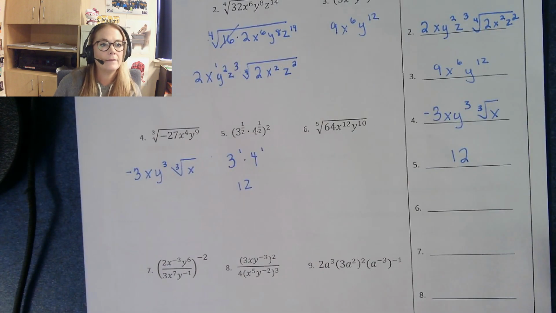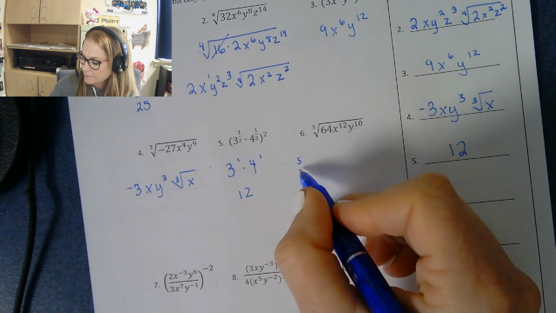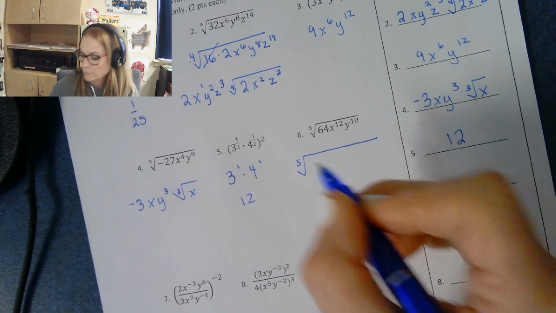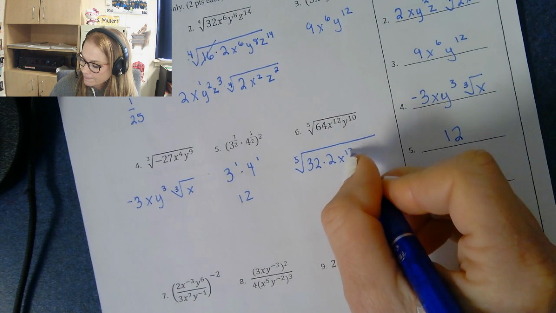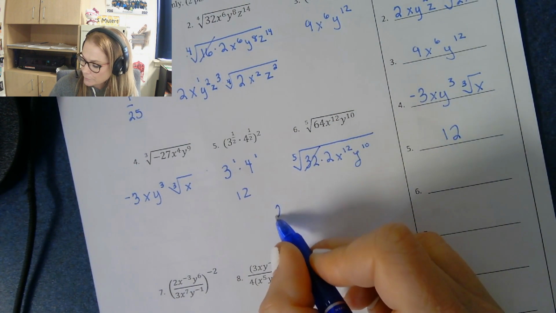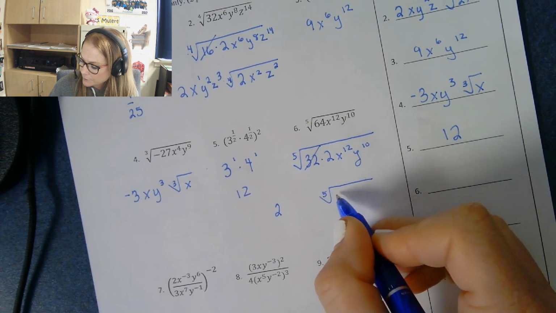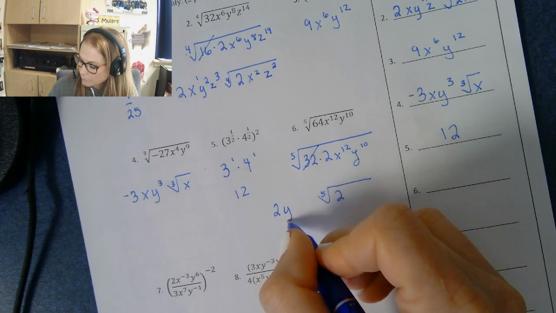Okay, and then number 6 here. Fifth root of 64. Okay, so our first fifth root is 2 to the 5th, which is 32. 32 times 2. Okay, so I can take that. That's 2. Fifth root 2. Okay, 5 goes into 12. Why?